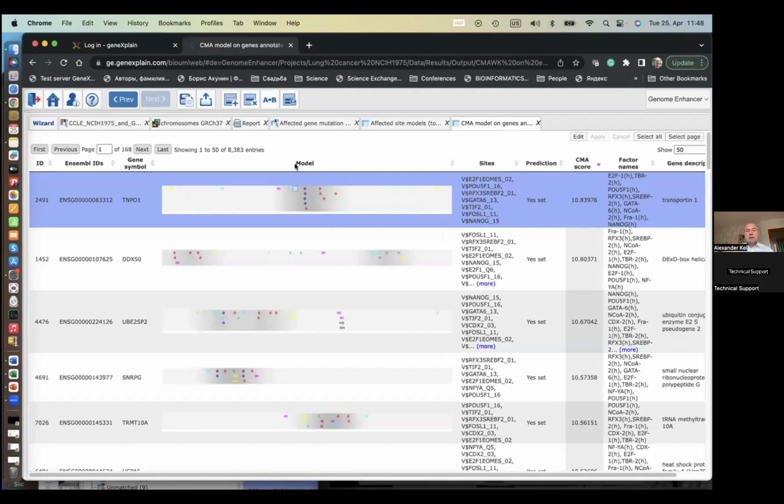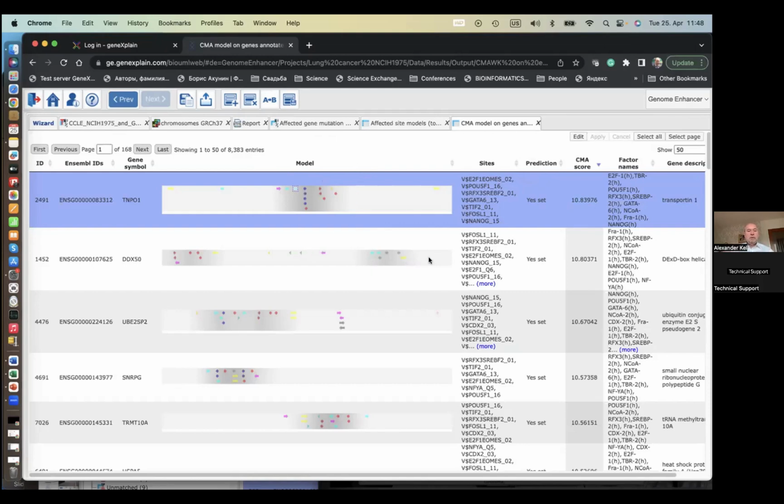So this dark area, this shady area, demonstrates that in this place we observe a cluster of binding sites for different transcription factors. And this score is telling you how many of those matrices found their sites in that promoter, plus how good they are in terms of clustering.